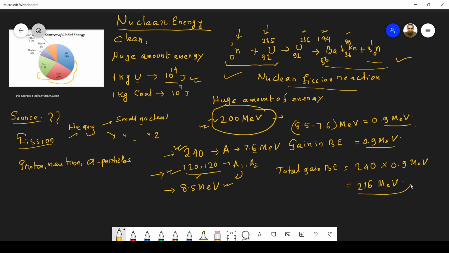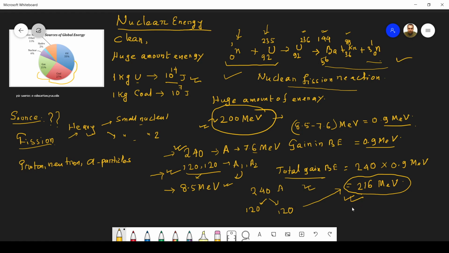Okay, so 216 mega electron volt is the total gain in binding energy when a parent nucleus of 240 nucleons is broken into two daughter nuclei, each having 120 nucleons. So you can imagine this much energy is released. So a very high amount of energy is released.